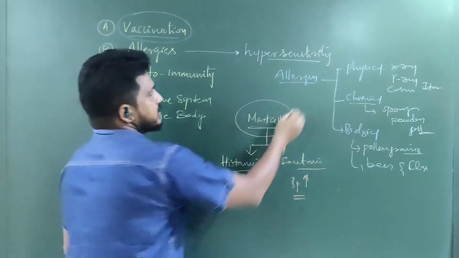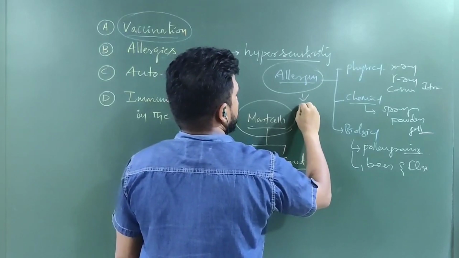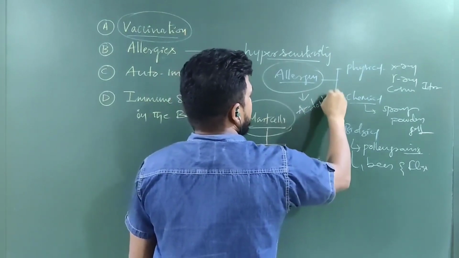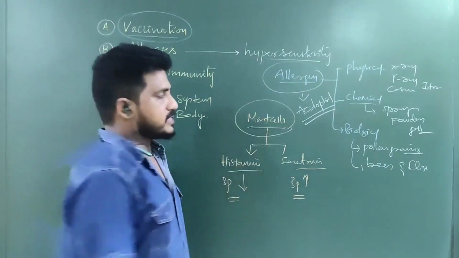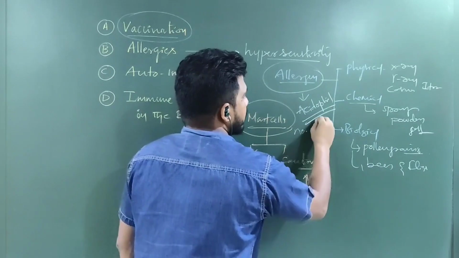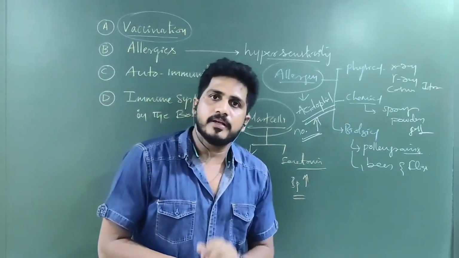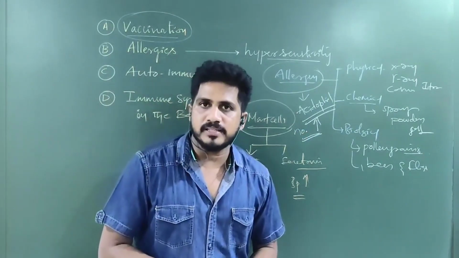Moreover, during allergic reactions, eosinophils, nothing but acidophils, which are granulocytic white blood cells, increase in number. Whenever you feel you have an allergy, you go for a diagnosis to know the number of acidophils.